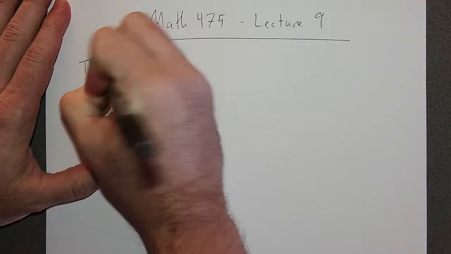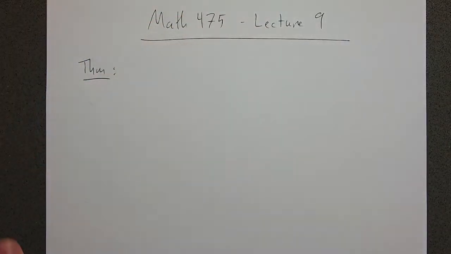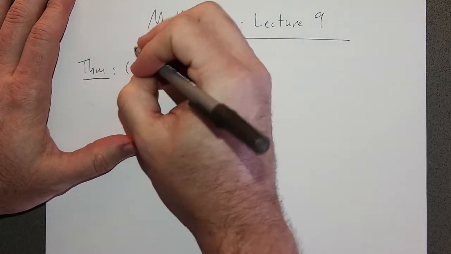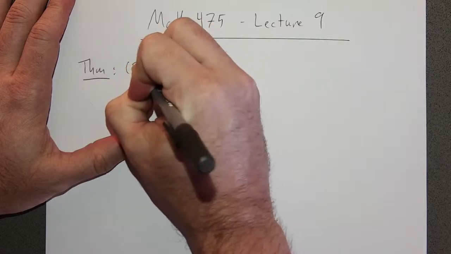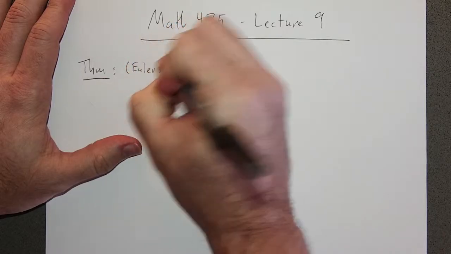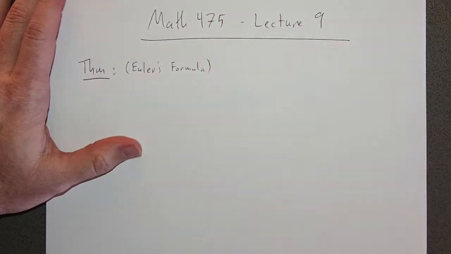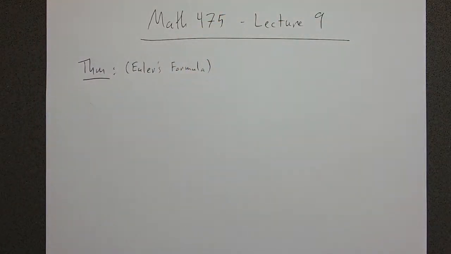So here is the theorem that solidifies this pattern that we noticed, which can be called Euler's formula, although Euler's formula can also refer to something else. But in our context, it's clear what we mean. What is Euler's formula?